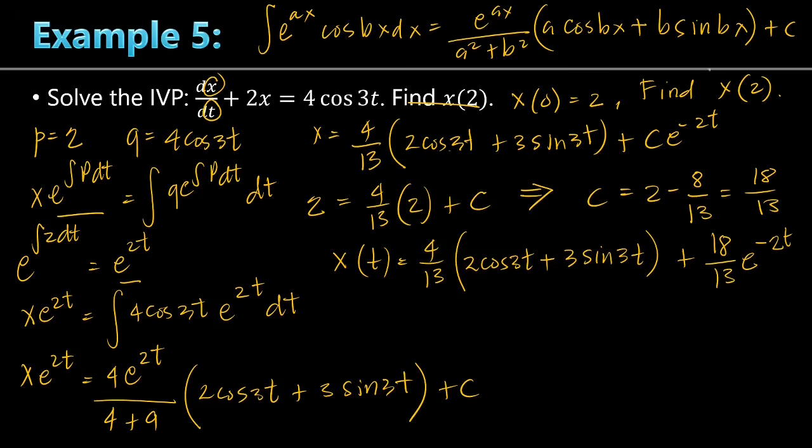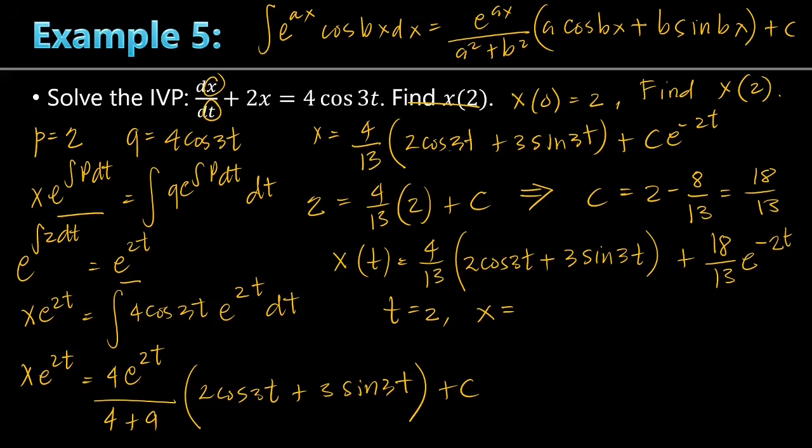But the problem says find x of 2. Besides the particular solution, find the value of x when t is 2. So when t equals 2, solve for the value of x. I will make all the t's here 2 and solve it on the calculator.